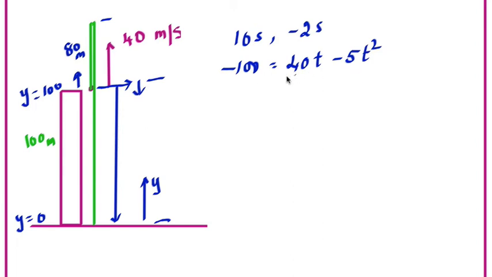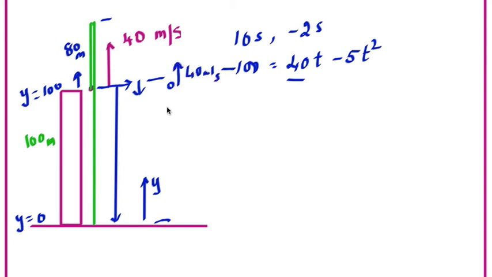The mathematics does not contain the information that the student threw the stone at time t equal to 0 and that before the student threw it, the stone was not moving. All that is not contained in the mathematics. The only thing that's contained in the mathematics is at time t equal to 0, the initial velocity is 40. That means at this instant, the stone is moving upward at 40 meters per second.